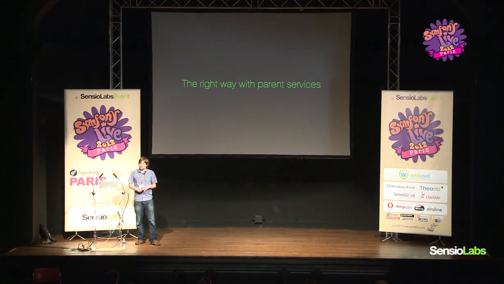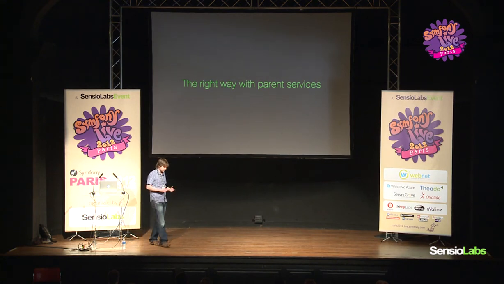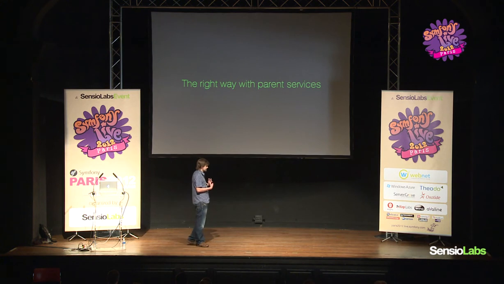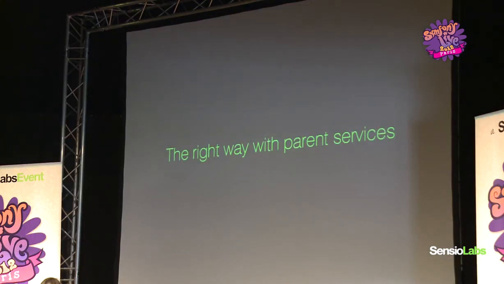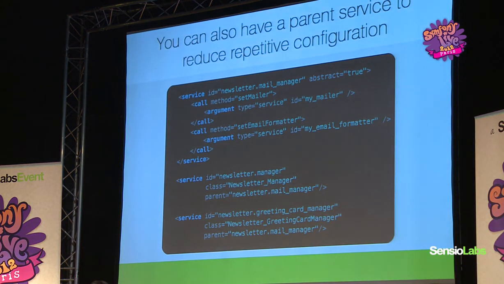And they let us reduce the configuration burden. We can use the parent services to reduce that repetition, but we're not tying ourselves into something that can only be changed in the code. So just as in the code, we might reduce repetition by saying we're going to extend from an abstract class.